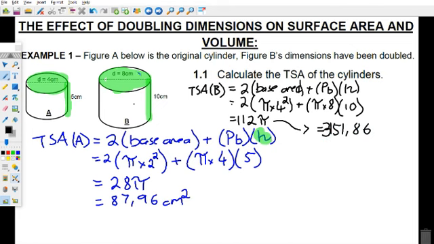So have a look here. What do we see? What's the area of B? A has an area of 28 pi, and B has an area of 112 pi.